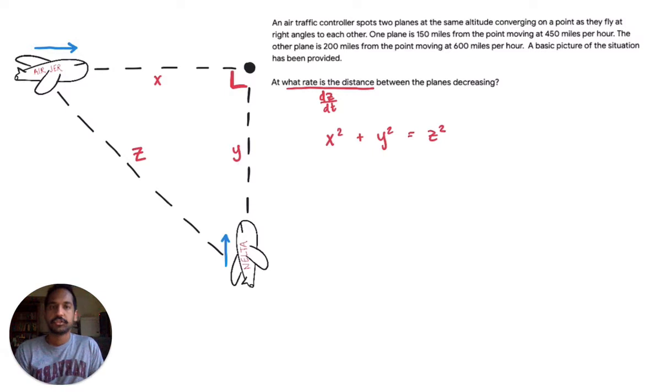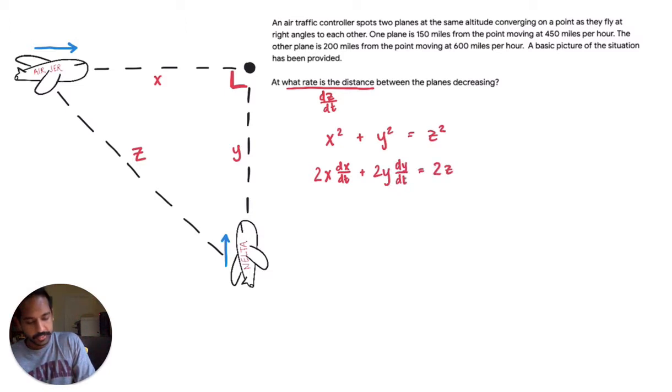Okay, that's true, but we don't want z squared, we want dz dt, and the way to do that is that we now need to think about our related rates, and we're going to have to find the derivative of all of these terms with respect to t. So x squared will become 2x dx dt plus 2y dy dt equals 2z dz dt.